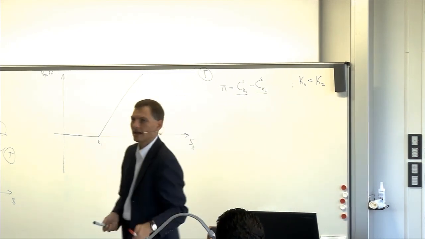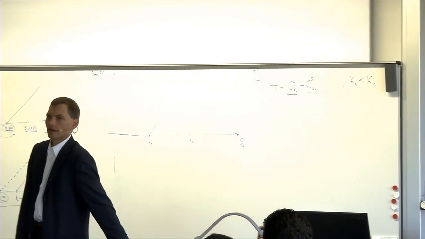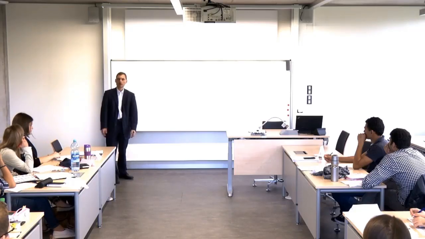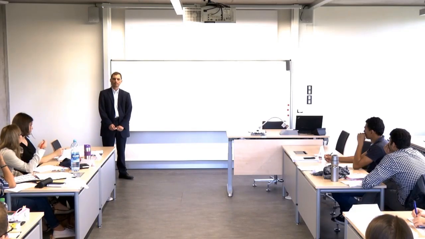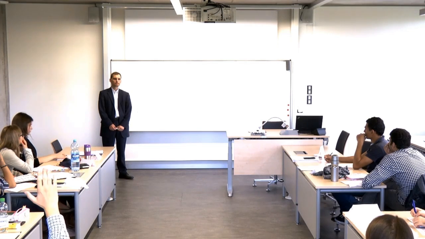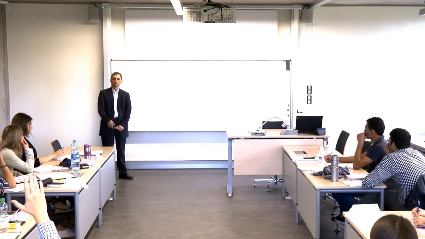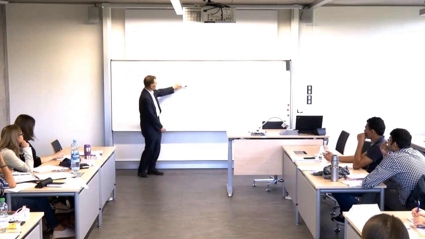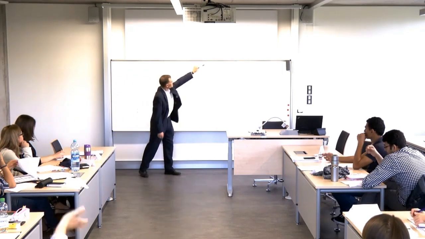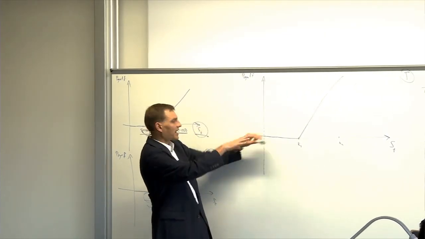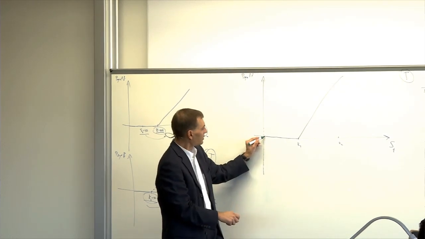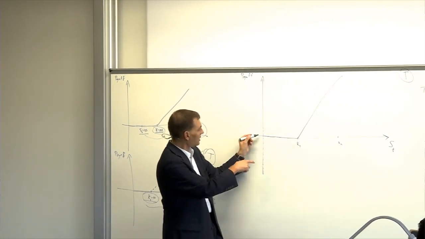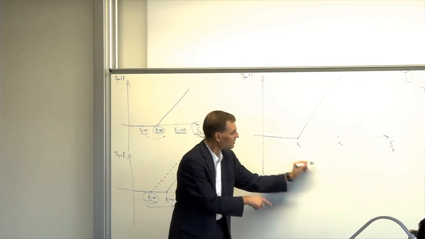Does anyone have an idea how the short position of a call option looks like? It's the opposite. In principle, it's the same function, but mirrored on the horizontal axis. So if you have a short option at K1, it's horizontal until K1, and then it goes down.